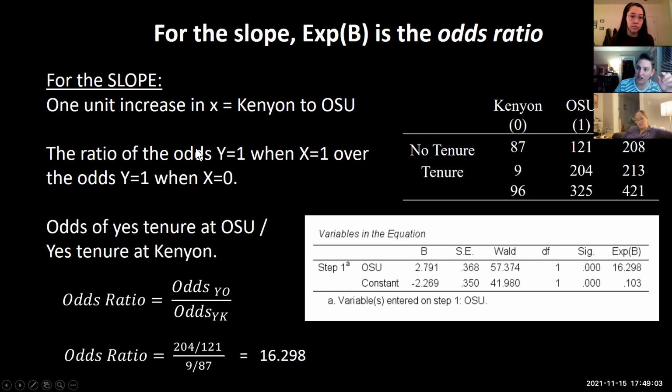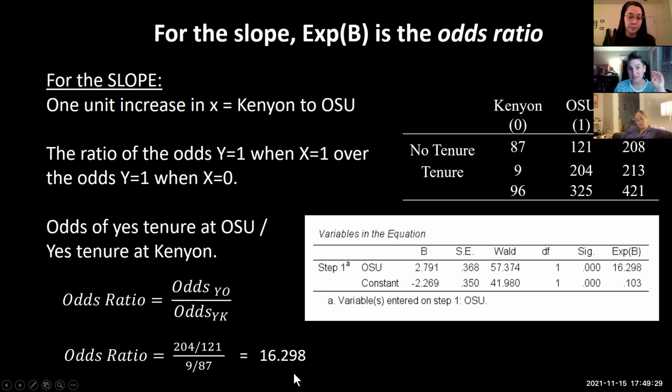So it's the ratio of the odds that y equals 1 when x equals 1 over the odds that y equals 1 when x equals 0. So I've increased x by 1 unit. So it's the odds of yes tenure at Ohio State over yes tenure at Kenyon. And that's a huge number.